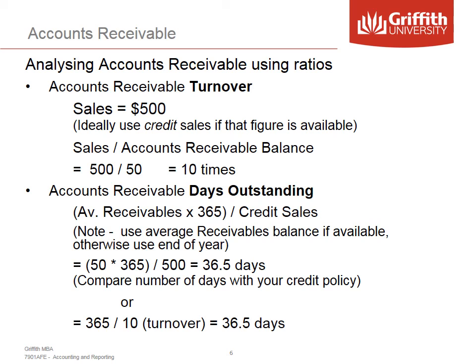Now, how do you feel about 36.5 days? If your credit terms are 30 days, then you think, it's a little bit long, but it's not too bad. If your credit terms are 10 days, then 36.5 days on average is terrible. Why is it that the person who's managing this side of your business is not on the phone asking your customers to pay on time?